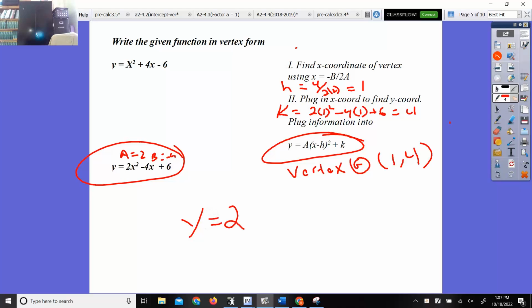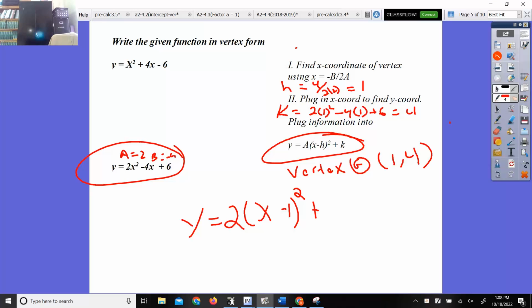So a is 2. X take away what? 1. All what? Squared. A lot of kids, this happens, and I hate doing it. But you take a test and you write it out and it's not multiple choice and you don't have the square, it's wrong. Because if you don't put that square there, it's a line, that's what it is.